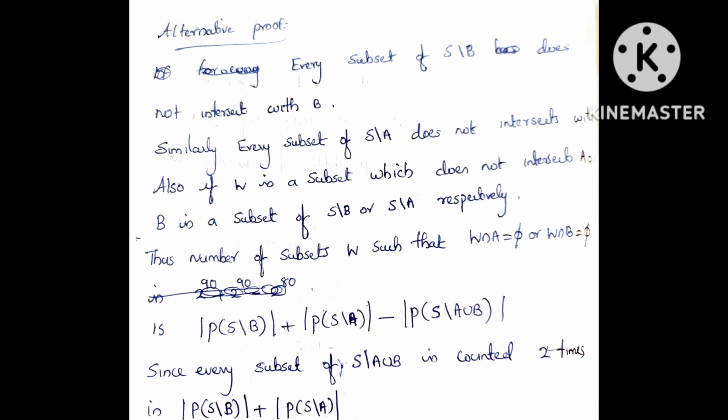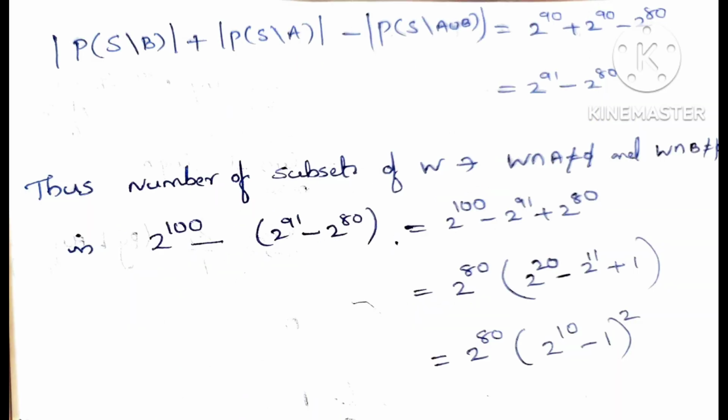So the number of subsets W such that W intersection A is empty or W intersection B is empty is the cardinality of the power set of S minus B plus the cardinality of the power set of S minus A minus the cardinality of the power set of S minus A union B.